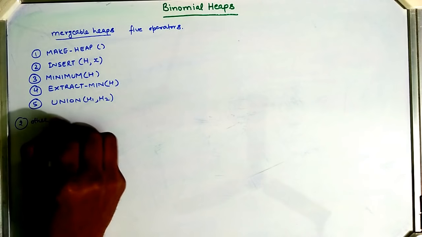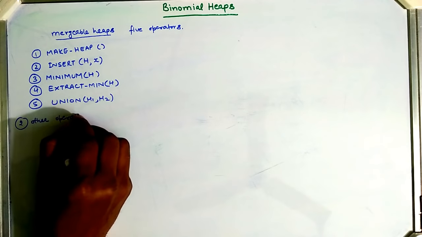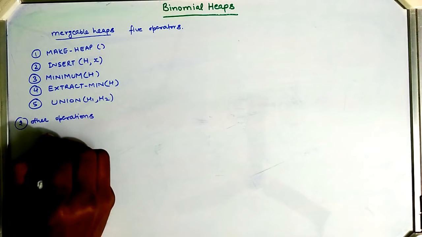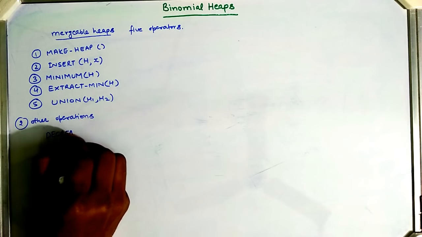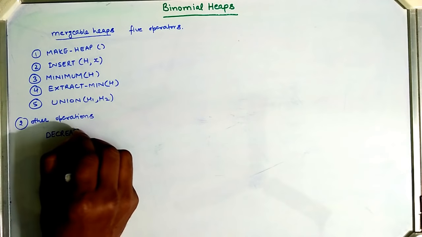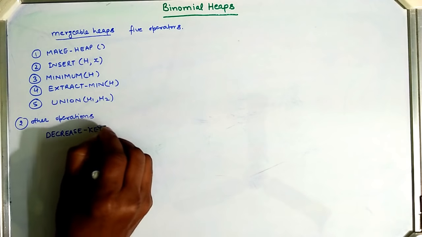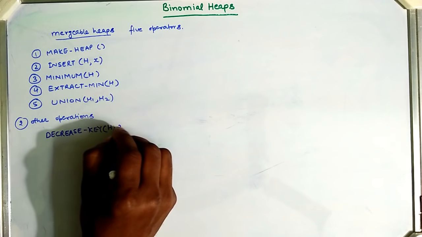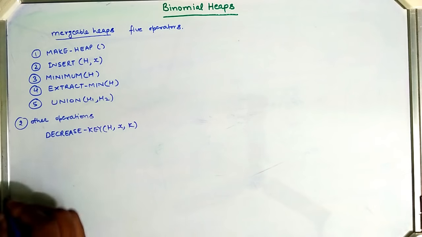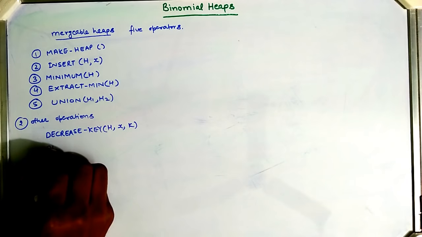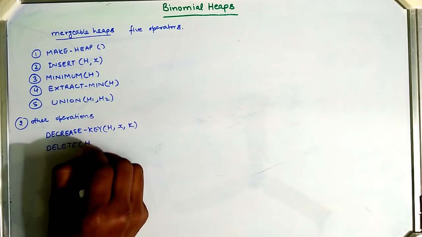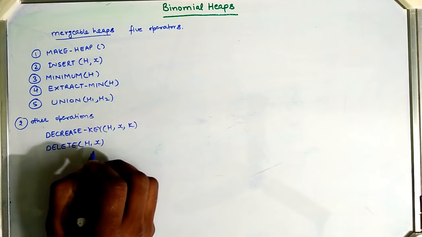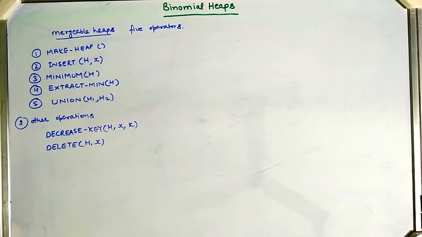The decrease key operation: if you want to decrease the value of any element in the heap, then we call this procedure, decrease key on heap H with node X and the decreased value K. The other is delete. If you want to delete any node from the heap, then we call this procedure, and it will delete node X from the heap H.